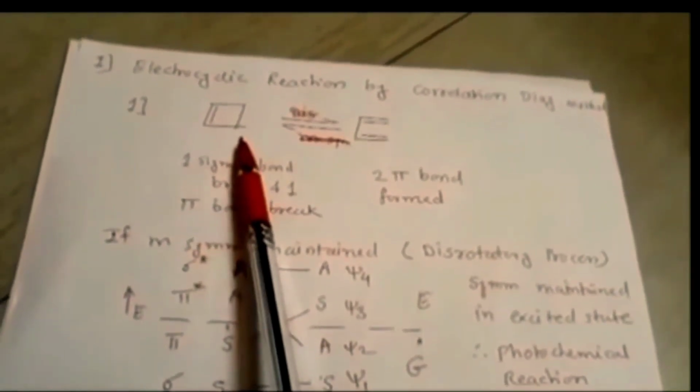Now let us discuss one by one. First, this is cyclobutene which is converted into butadiene. During this conversion, one sigma bond and one pi bond break from the cyclobutene, whereas there is formation of two pi bonds in the butadiene.